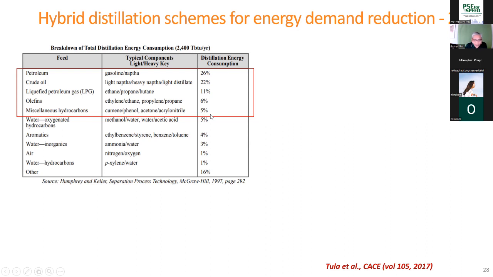So demethanizer, deethanizer, depropanizer, the olefins separation before and after naphtha, all of those distillation columns require the most energy. If we want to reduce energy, these are the ones that we need to target.